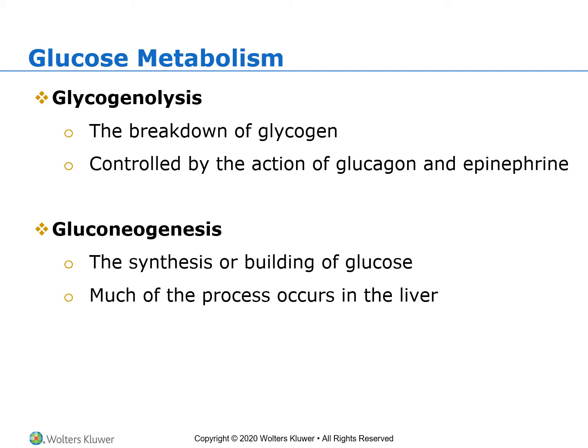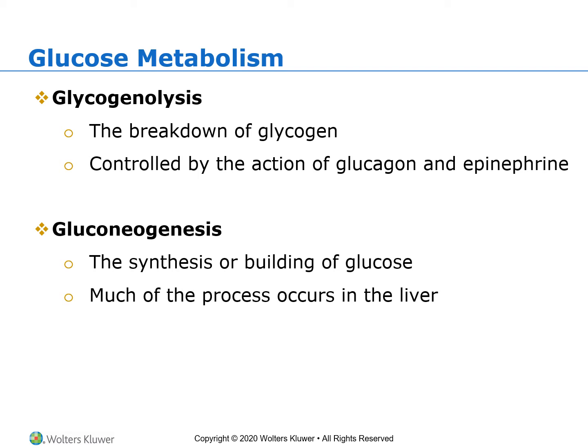If you remember the function of the liver, glycogen is broken down into glucose, a simple sugar that the body is going to use to produce energy. Glycogen is stored energy, like a long chain of glucose, and when glycogenolysis takes place, we have the breakdown of glycogen into glucose to be used for energy production.